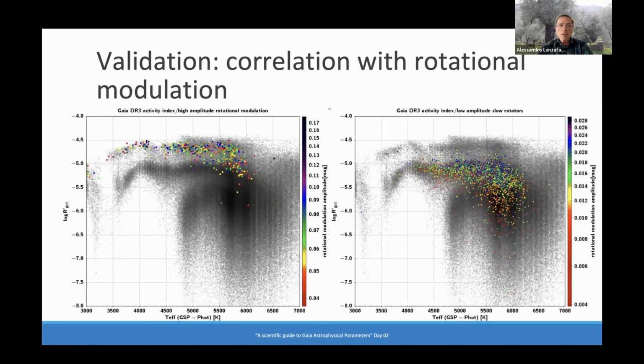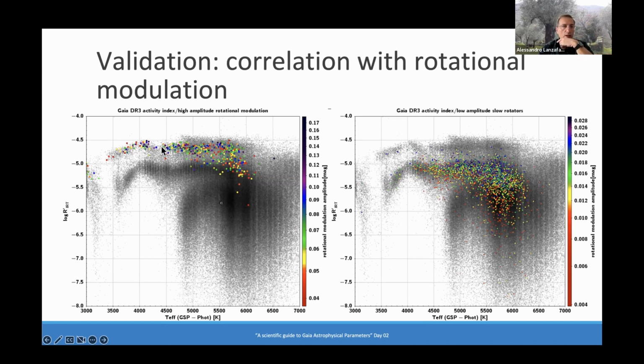When we look at where these sequences are in the R prime versus effective temperature diagram, we see that the high amplitude rotational modulation stars, which are T Tauri stars and pre-main sequence stars, are actually in the upper branch where I said there are accreting stars.